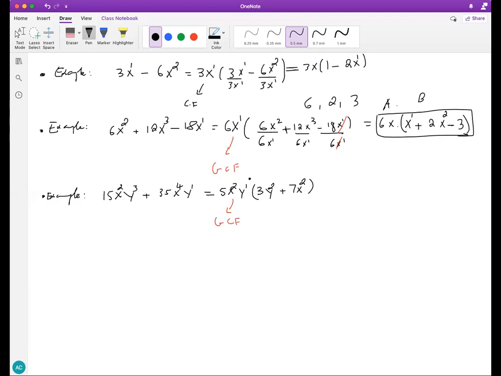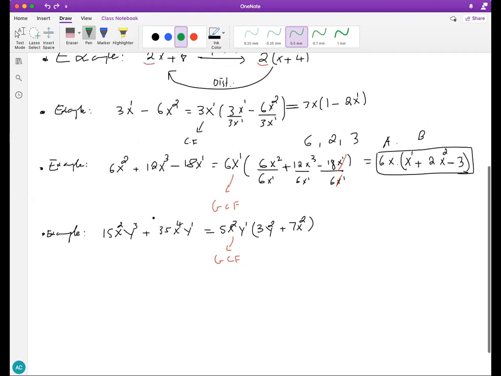If you multiply, you'll get back to this, because factoring is the opposite of multiplying. So you can always double check on the side using the distributive property. For example, 5 times 3, that's 15. x^2 times, there's no x here, would be x^2. Then y^1 times y^2 would be y^3. So you can check that on the side after you factor.